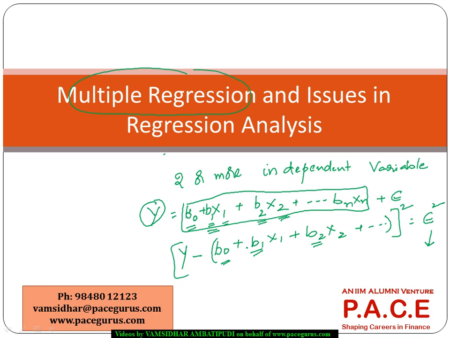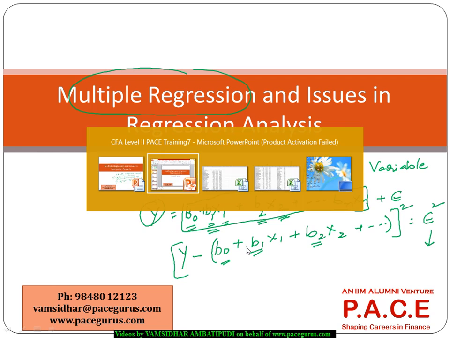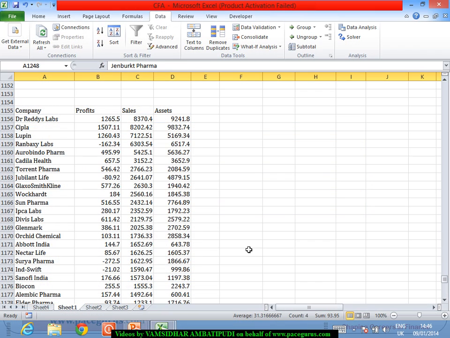So the first thing is, let me try to take one data set, and based on that data set I would like to work out or interpret the various items that are coming out of the multiple regression model. So let me take a data set. Yeah, this is the data.